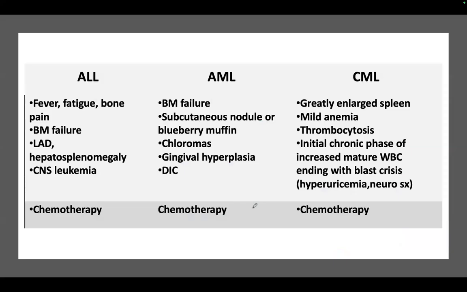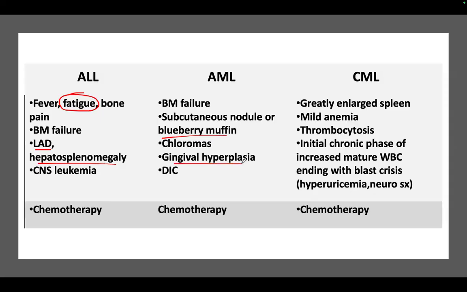Now for manifestations, more or less they have the same manifestations. I just want to highlight that fatigue and bone pain can be the manifestation of ALL. There's also the lymphadenopathy and the hepatosplenomegaly. AML can present with the blueberry muffin.